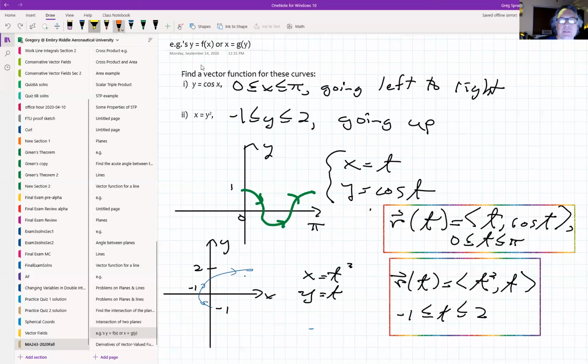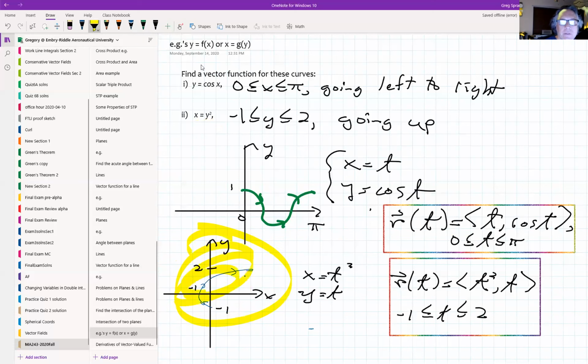The next one, x is a function of y. So x equals y squared. Y goes from -1 to 2, going upward. So I sketched the curve there, and it would be a mistake to solve this for y and get y equals square root of x, because y is not a function of x.